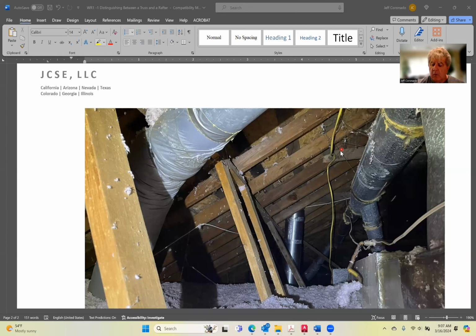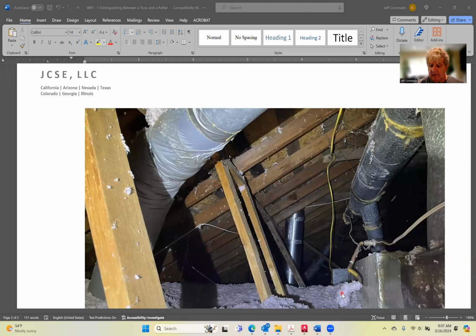So we have collar ties, rafters. We have a strong back here. We have kickers. What we can't see in this image is the tie, which would be underneath this insulation. This is blown in insulation.